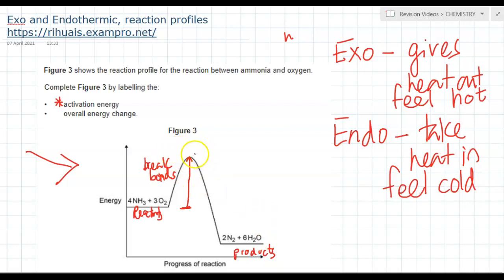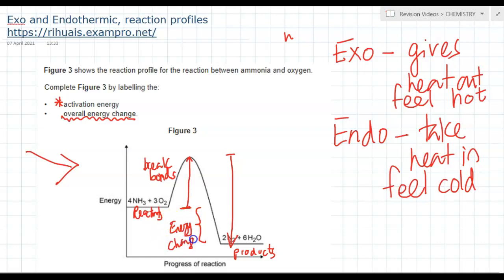So there's a total amount of energy which is going to be released to the surroundings, which is this, and then finally here the overall energy change is the difference between these two amounts. So between this point here and the energy position of the products is the overall energy change.